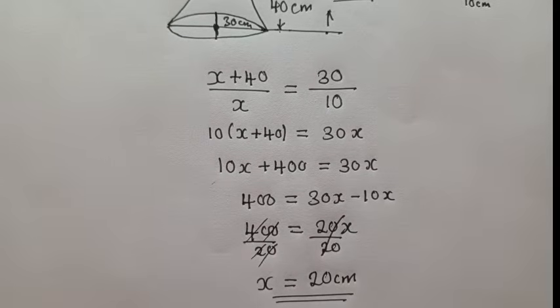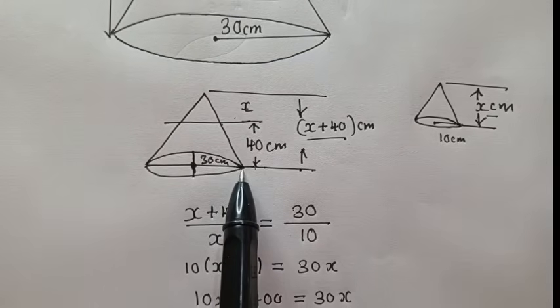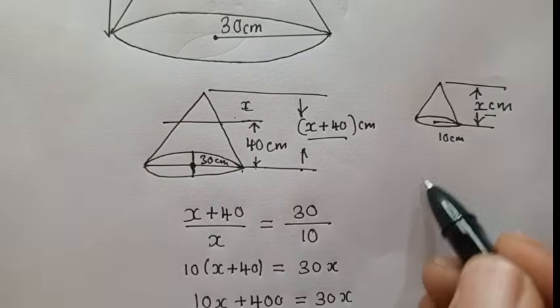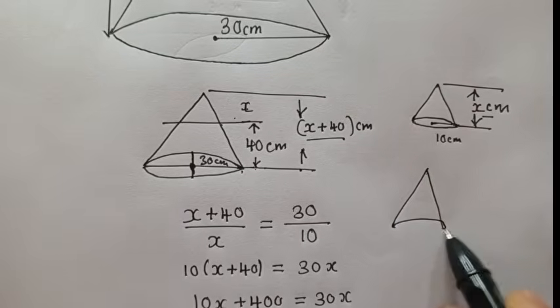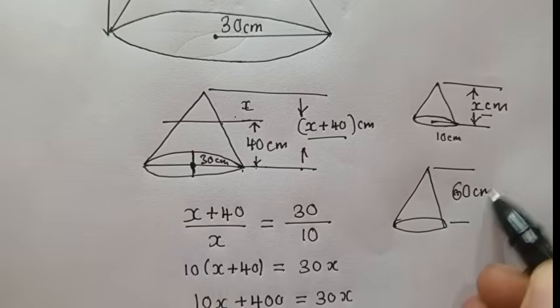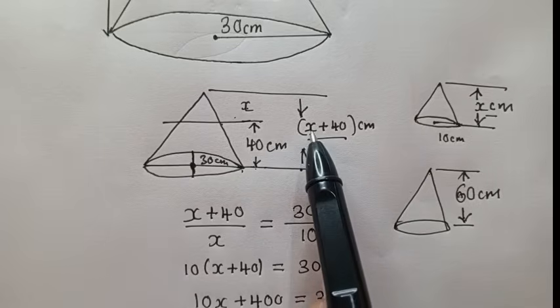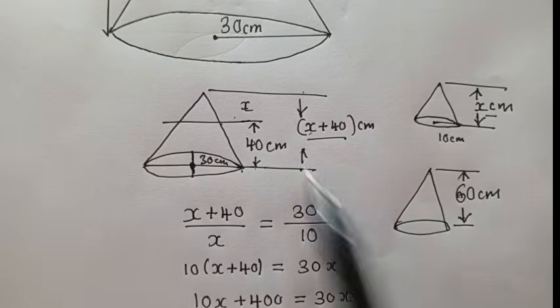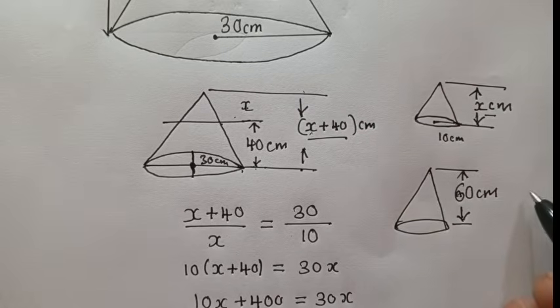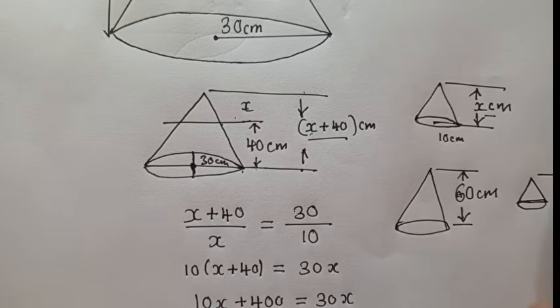So from this stage, we go back. We now know that the height of the bigger cone is 60 centimeters, because the value of x is 20, and 20 plus 40 gives us 60.